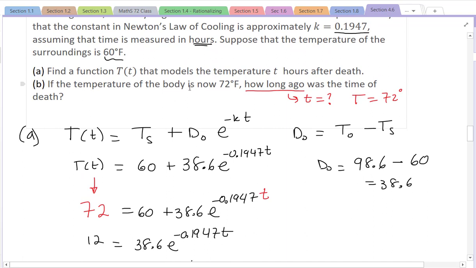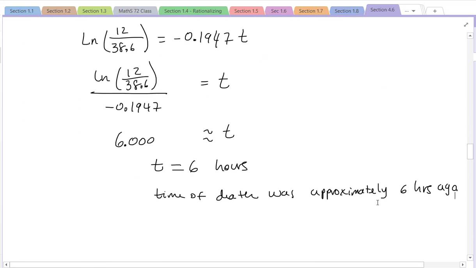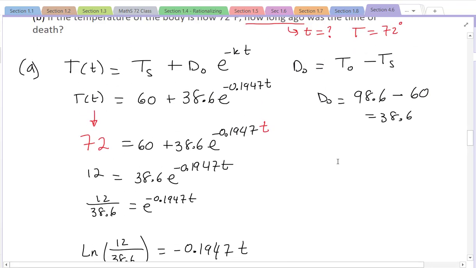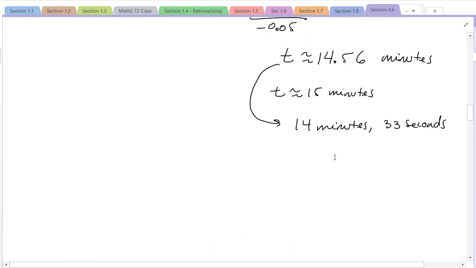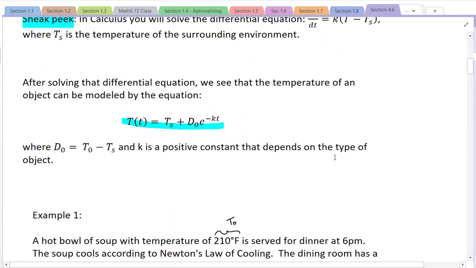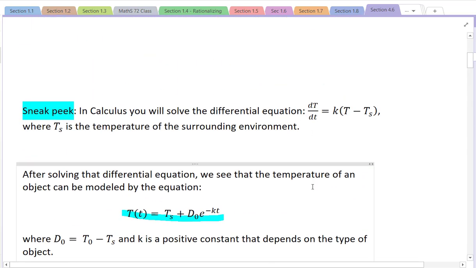If it said the body at 6 p.m. was 72 degrees, then we would know that if it was found at 6 p.m. with that temperature, we go 6 hours prior, and the time of death would have been noon. But in this case, we weren't given a specific time. So hopefully that helps with understanding how Newton's law of cooling works. And when you get to calculus, you will get to solve this nice differential equation.